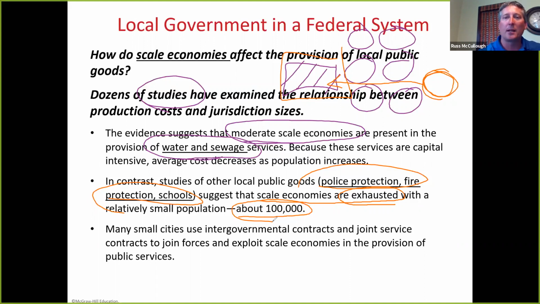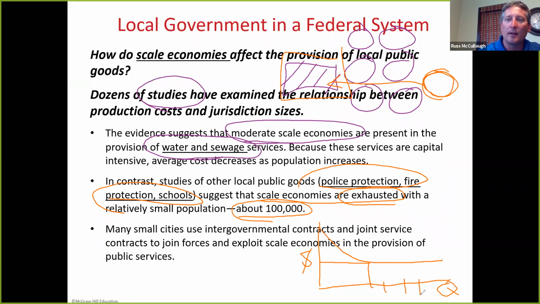So if we were thinking about this graphically, the economies of scale curve, we usually draw it going down, but then it flattens out. So this is about the point where the advantages of larger quantity are exhausted. The average cost is still about the same as it was once we get past 100,000 households.